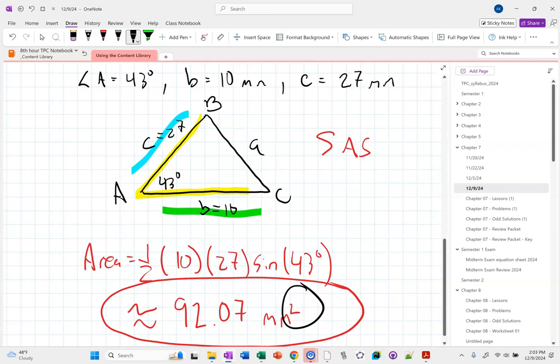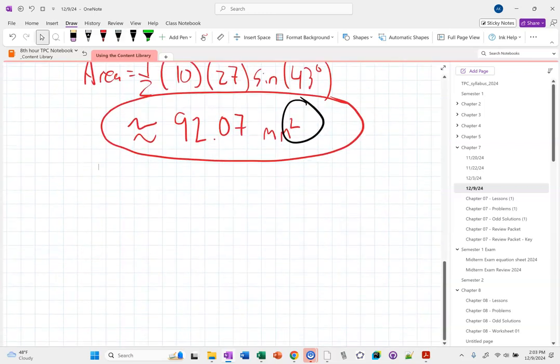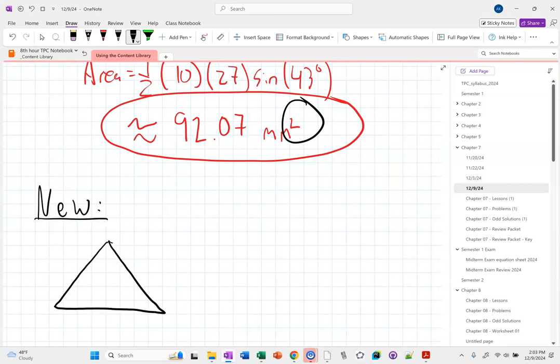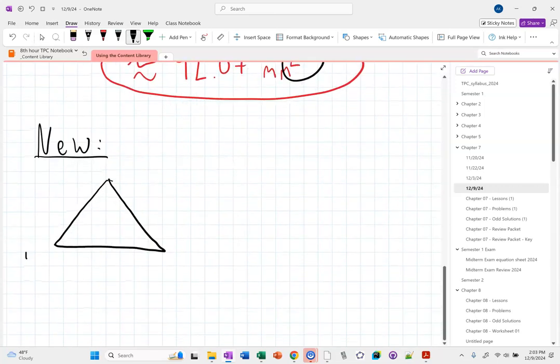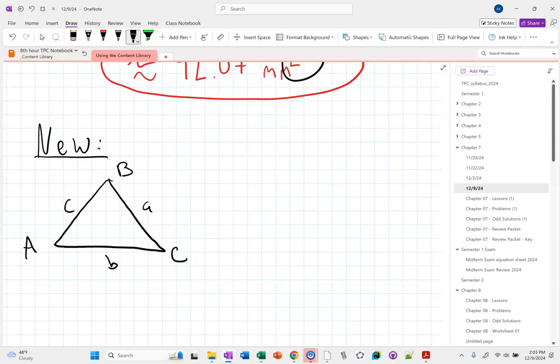We have another version of our triangle area formula. So in this other formula, I'm going to define a new quantity.